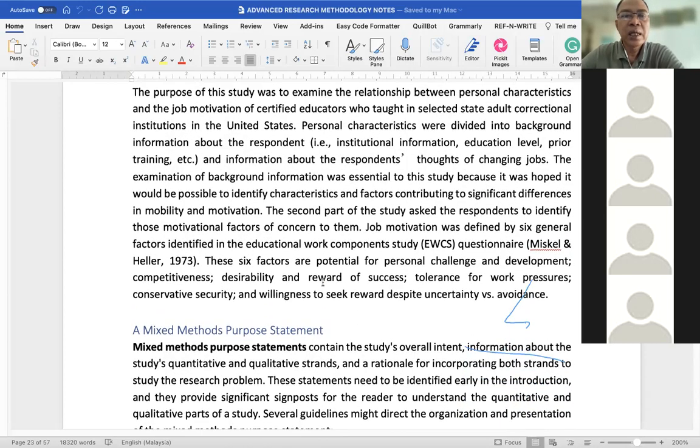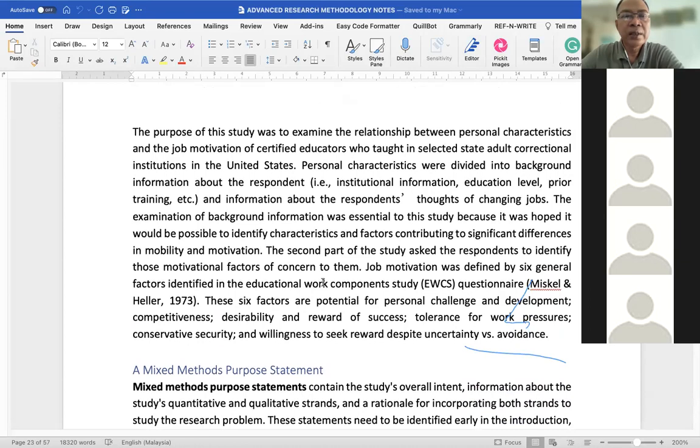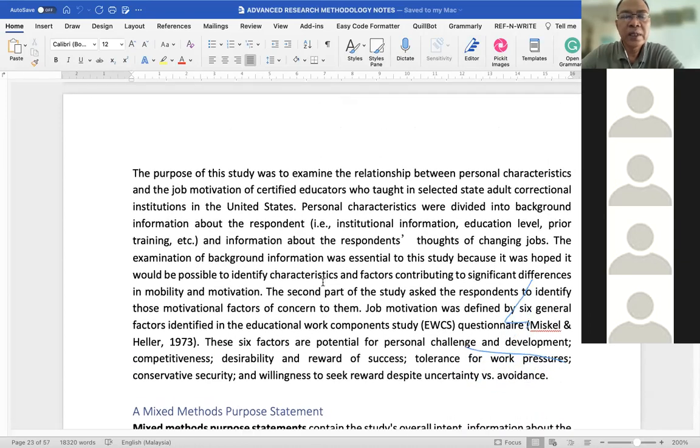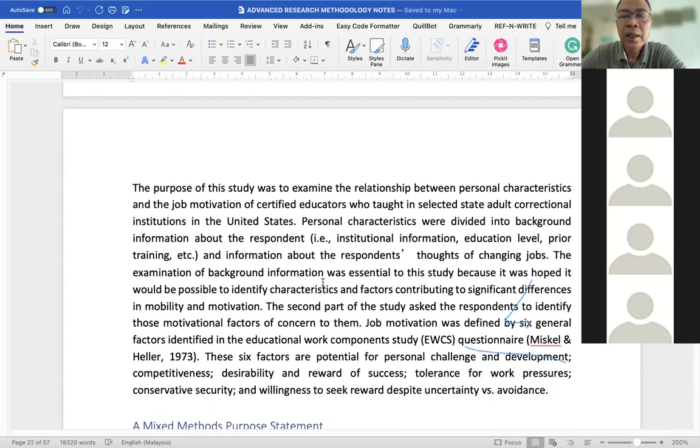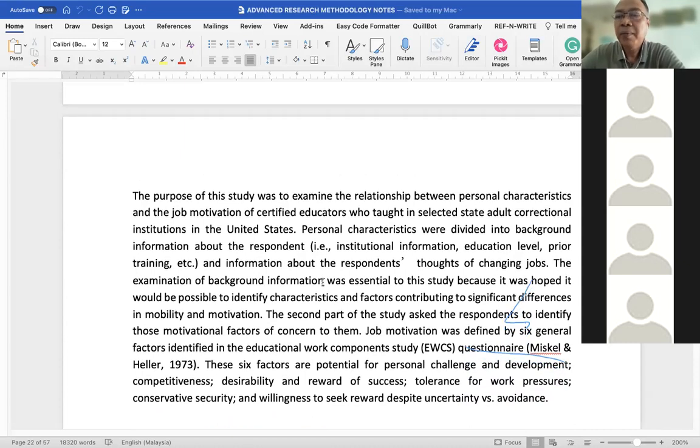So that is an example of the general objective of the study. And then, of course, you need to also write the specific objectives of the study based on the general objective of the study.